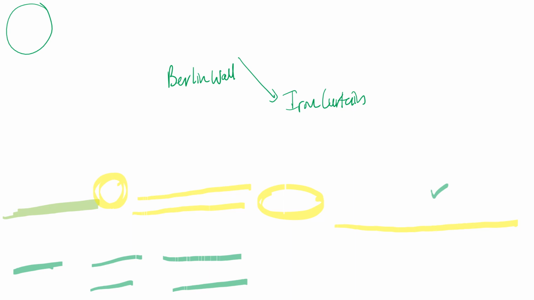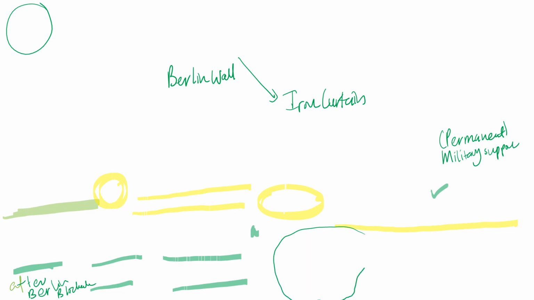I think the idea came after the Berlin blockade, when Europe realized it needed permanent military support. When you have permanent military support, you are able to be this beacon of hope. You're able to stop the spread of communism.